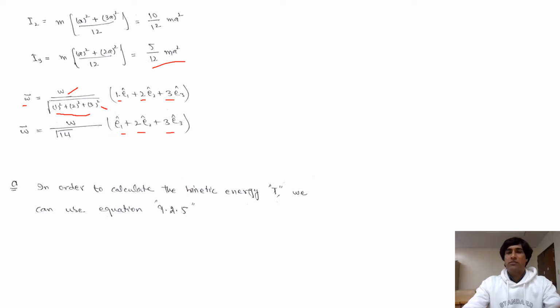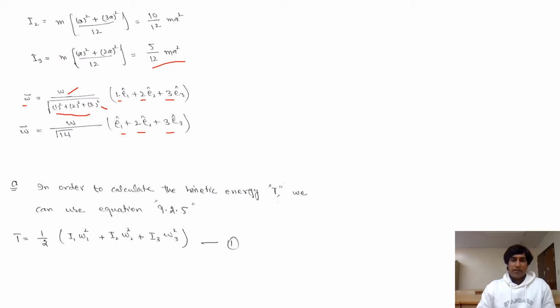The first part of the problem is to calculate the kinetic energy. In order to calculate the kinetic energy T, we can use equation 9.2.5. You can see this equation in your analytical mechanics chapter. Here I labeled it as equation 1, and the equation is that the kinetic energy is equal to 1 divided by 2 into I1 omega 1 square plus I2 omega 2 square plus I3 omega 3 square.